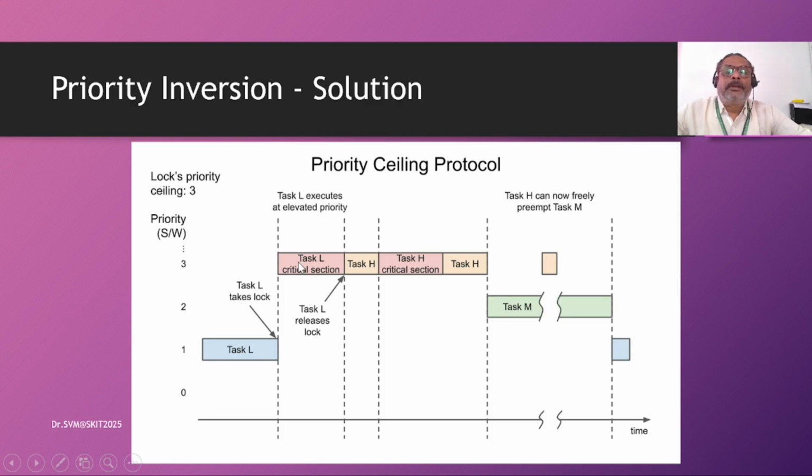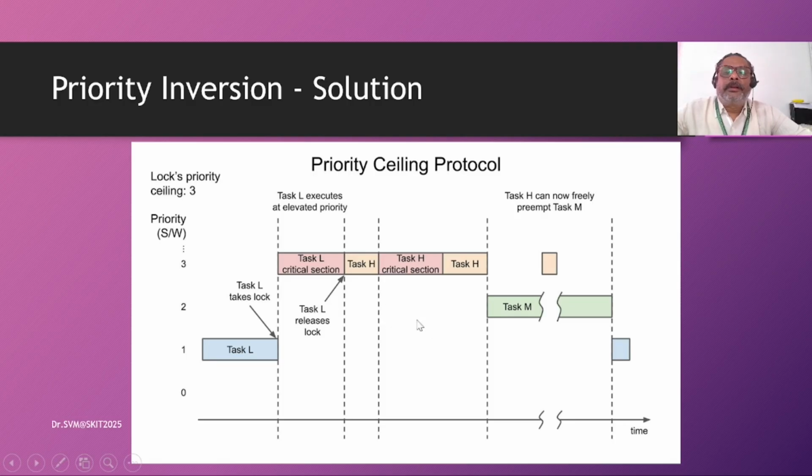But now there is no preemption of the process which was holding that resource earlier, and hence it will complete its job and release the lock, releasing the resource for others to use. Therefore now the task H can comfortably enter into its critical section.